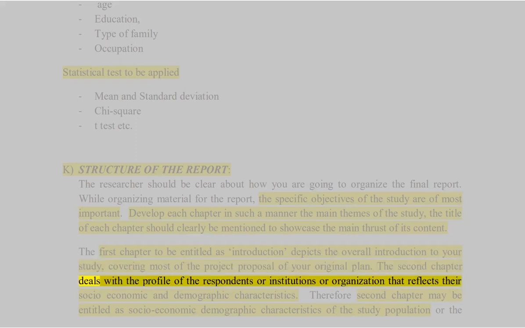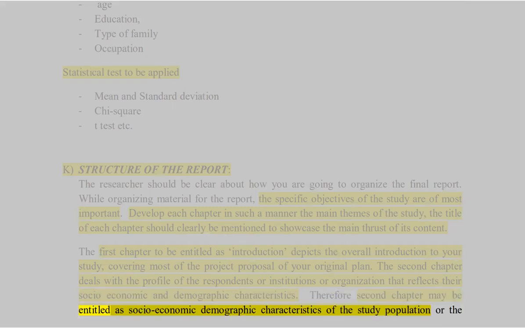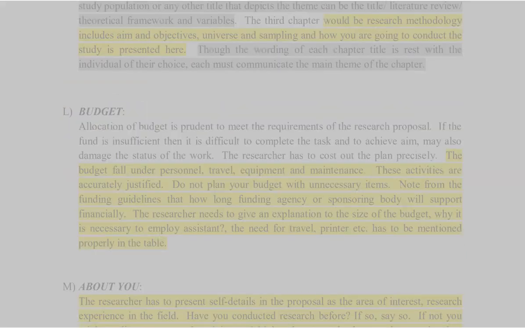The second chapter deals with the profile of the respondents or institutions or organization that reflects their socio-economic and demographic characteristics. Therefore, the second chapter may be entitled Socioeconomic Demographic Characteristics of the Study Population, or any other title that depicts the theme.